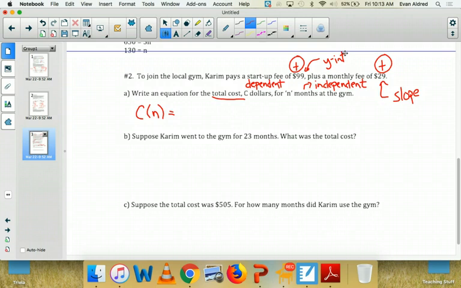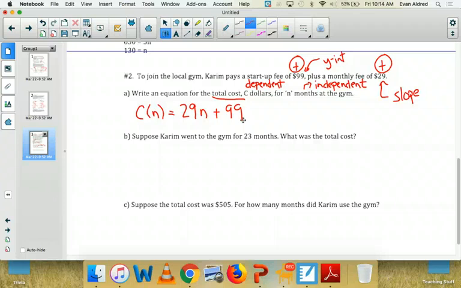So that is our starting point, that 99. So we come up with our equation here. Everything contributes to cost, so everything is a positive. When we add his number of months times $29 a month to the $99 that he started by paying, we get our answer. So whatever number of months will obviously impact his costs.